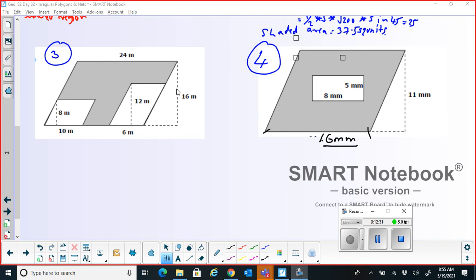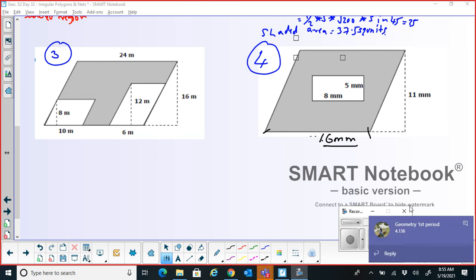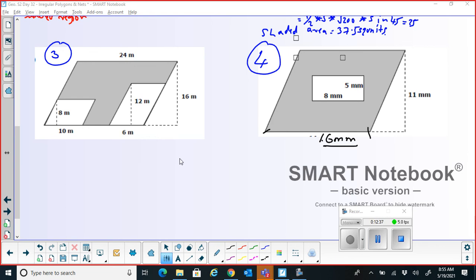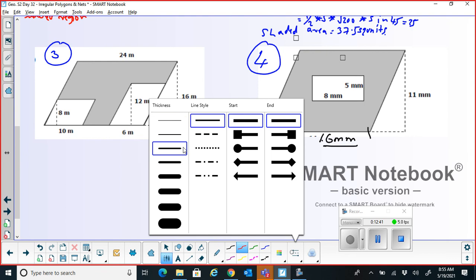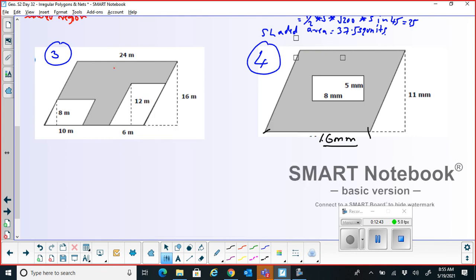Let me call the larger parallelogram over here P1 and the smaller parallelograms P2 and P3. Let me relabel this. So I'll call this P1, this P2, and this P3.